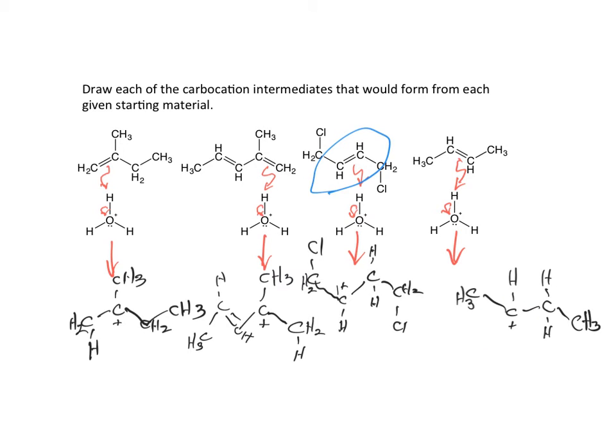So we draw out our carbocations. And so in our carbocation intermediates, we've got a tertiary one, we've got a tertiary one, but it is close to that double bond. So it is tertiary plus allylic. We have a secondary one, and we have another secondary one. Okay? So they want us to be able to rank all four of these.